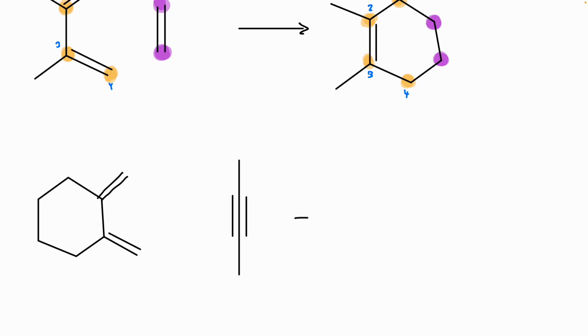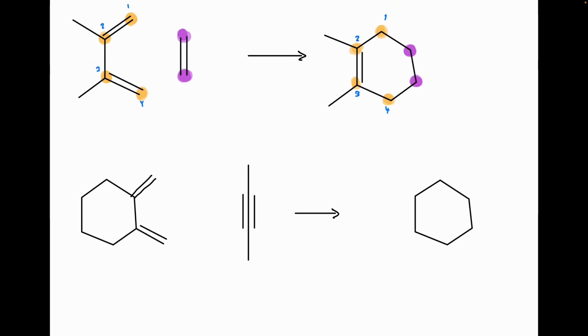Okay, again, for my product, I'm going to start with that 6-membered ring. All right, I want you to take a second and map. This is my new ring here. Which carbons on this side correspond to the carbons on the left-hand side?